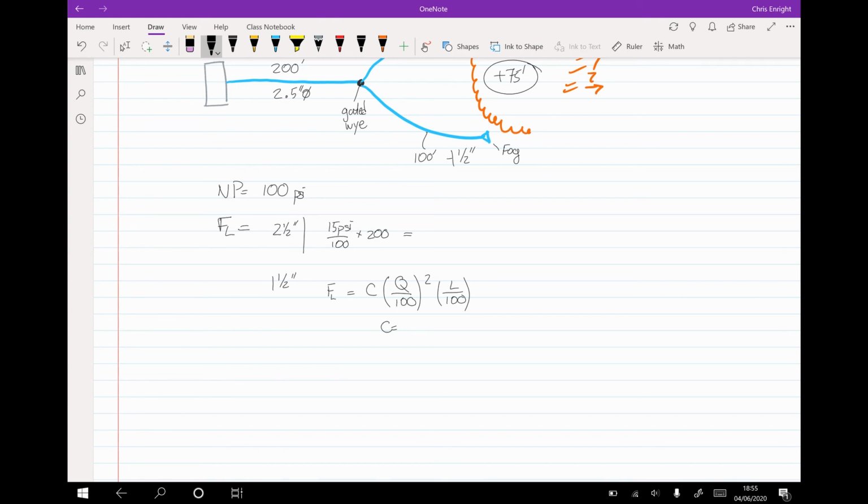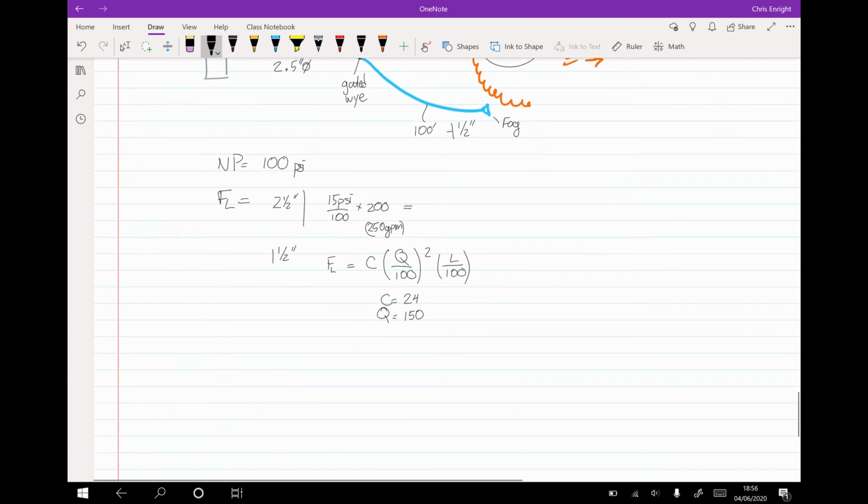We'll use 24. We'll assume a Q of 150. We're using a Q of 250 GPM up here. Okay, so how does this work out? FL equal 24 times (150 over 100) squared times, this is 100 foot length, so that's 1. So friction loss equal to 54 psi.